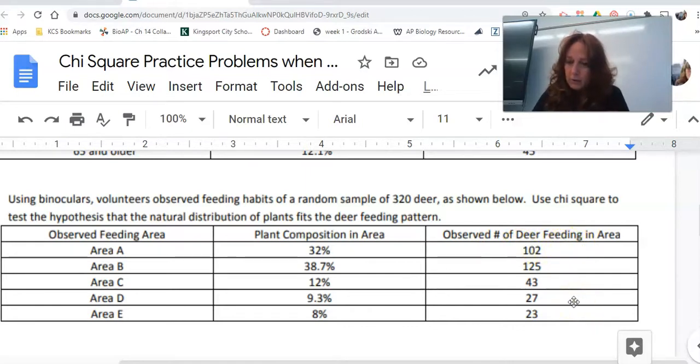So observed, I've got 102, 125, 43, 27, 23. I can't put the expected in yet, but I am going to go ahead and write down the percentages of the plant composition. So 32, 38.7, 12%, 9.3, and 8%.